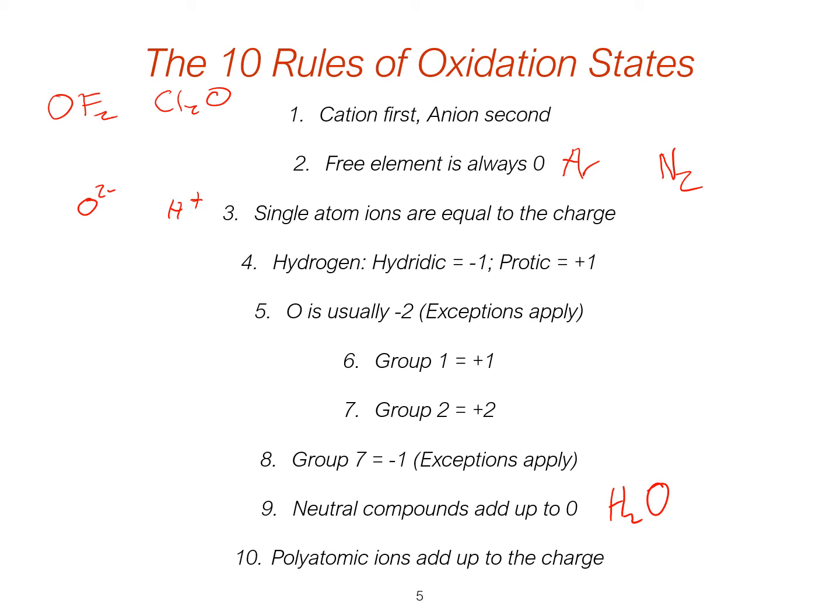So things like OH-, the hydroxide anion, we know that the oxidation states of the oxygen and the hydrogen in this case have to add up to -1. So then still the same oxidation states as we saw in water. Oxygen is -2 and the hydrogen is +1, and that adds up to -1.